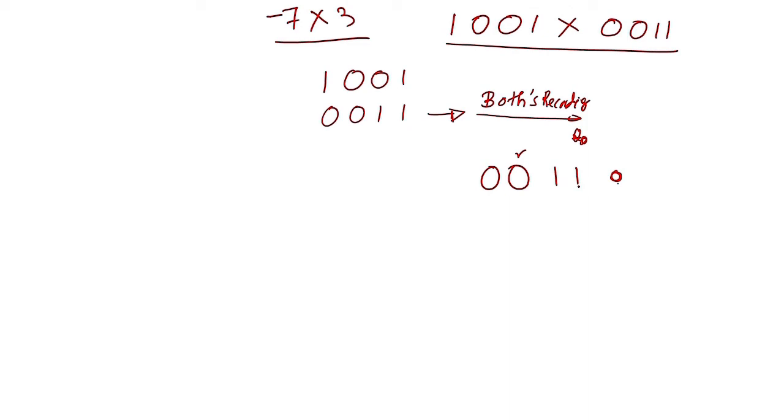If it is 0 1, then we have to subtract, that is, we said A equals A minus M. So, here we write that we have to subtract.